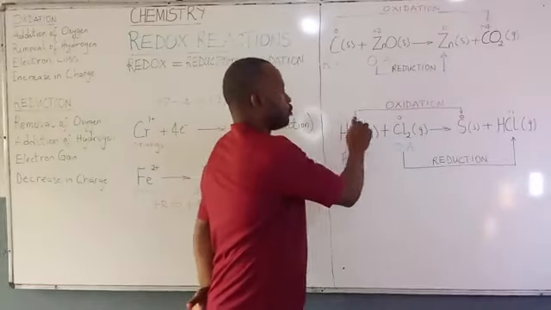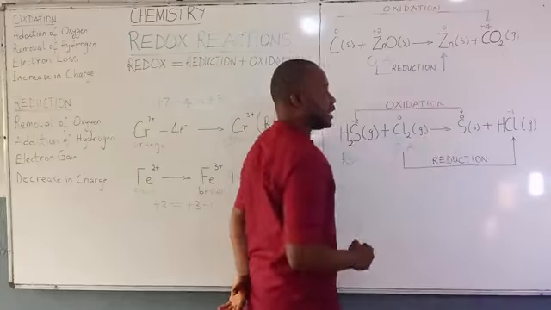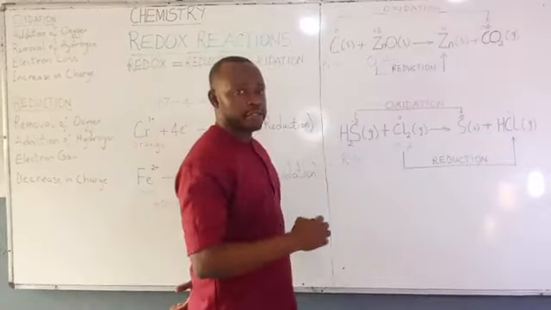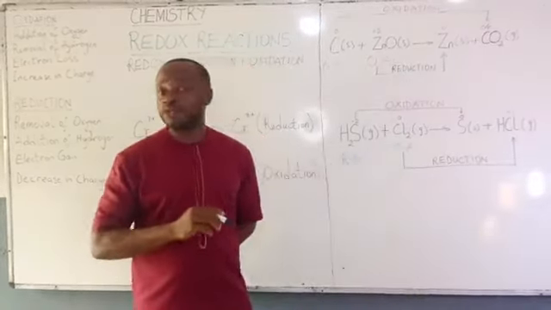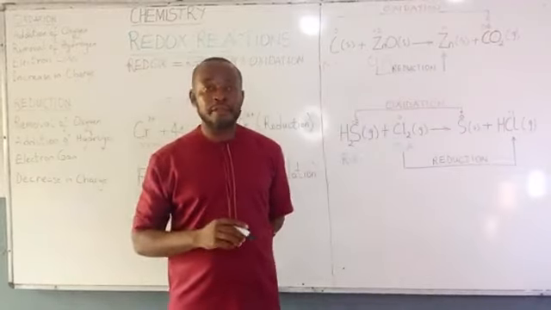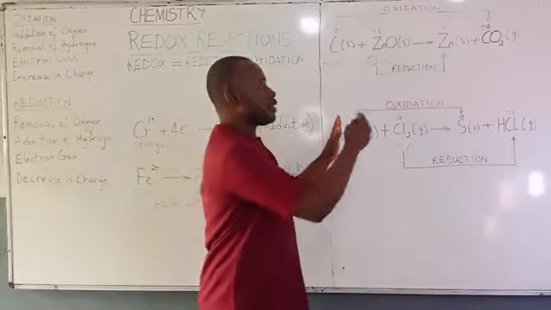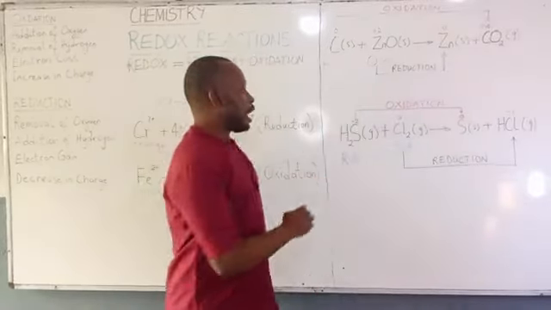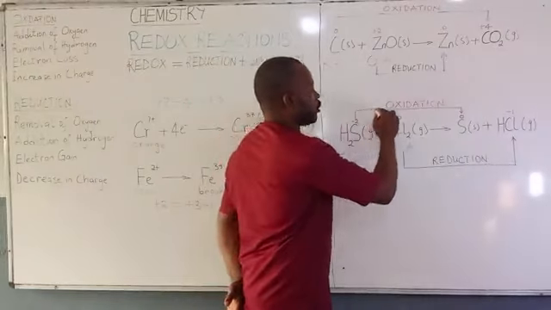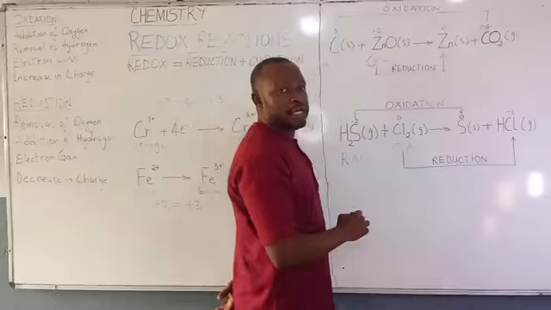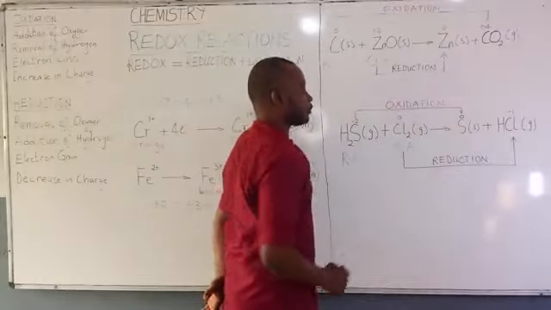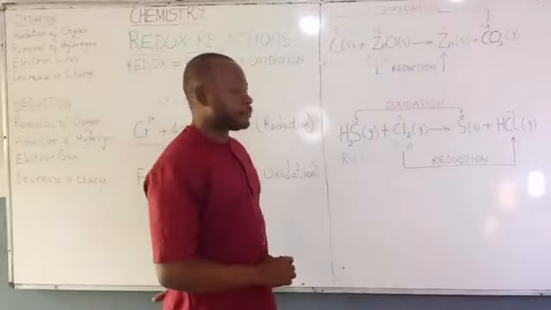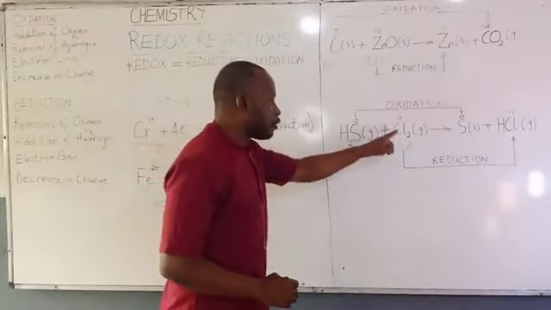From -2 to 0. Is that an increase or a decrease? Do you remember your JSS1 mathematics number line? From -2 to 0 is an increase in oxidation number. And whenever we experience an increase in oxidation number, that reaction is oxidation. Do you understand?